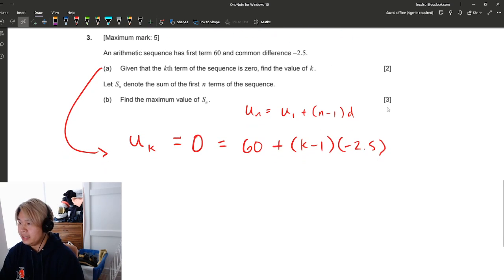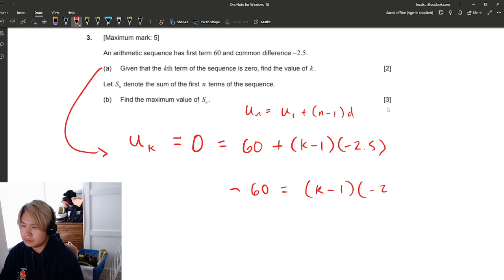Okay, and then from here you can solve for k in various ways. We can do algebra, so I can subtract the 60 to the other side. I can divide over the -2.5. I don't really want to think about this right now, but I guess that's what a calculator's for. And then after I divide over the -2.5, I can just add 1, so +1, so that's k.